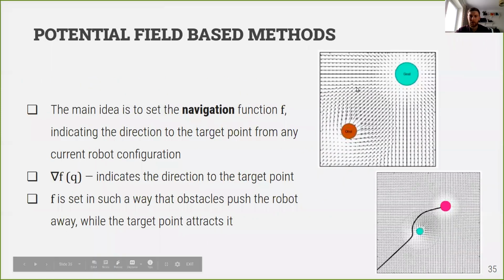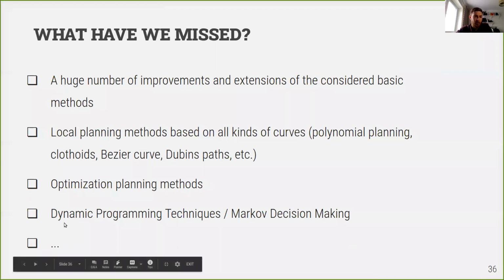And it will look somehow close to a potential field. So from any point of space, we will find the direction where we have to move our robot to reach the goal. There are also approaches based on dynamic programming to plan the path.